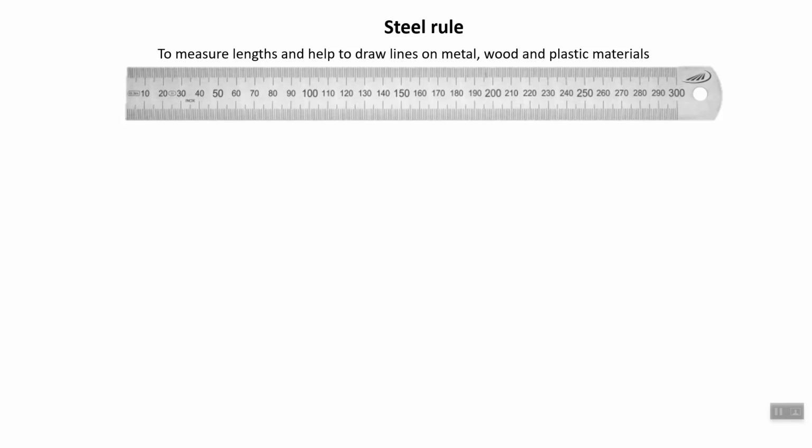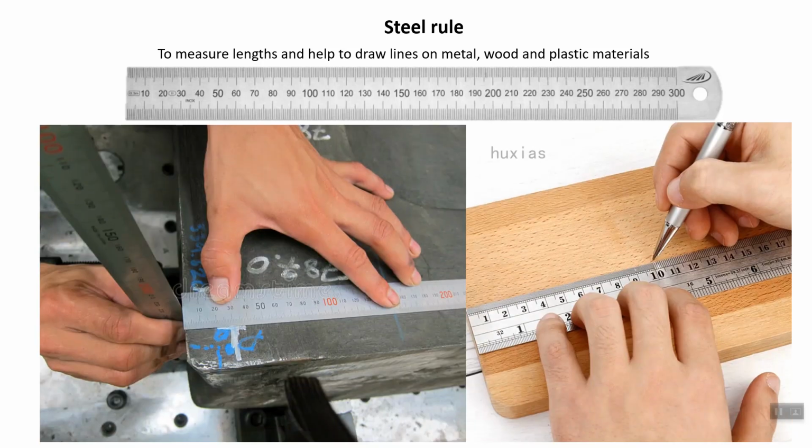There are different lengths of steel rule. Here we have a 30 centimeters or 300 millimeters steel rule, but it goes up to 1 meter. For small distances, we'll be using a steel rule to measure our material. It is also used to measure flatness on materials.